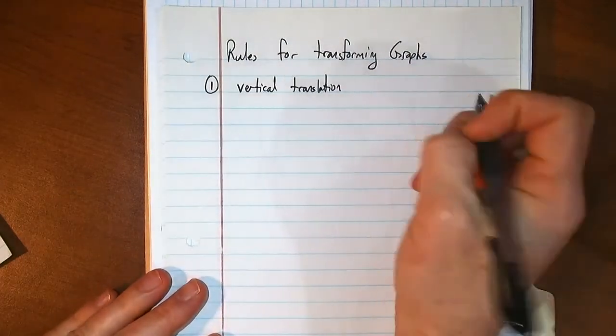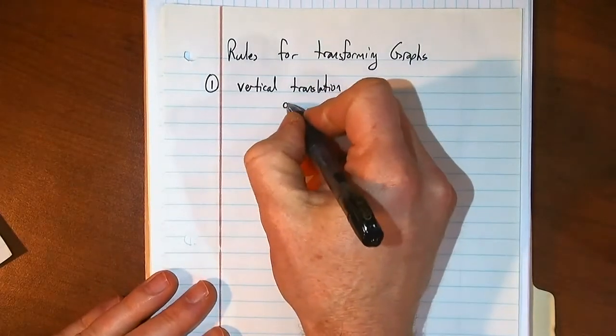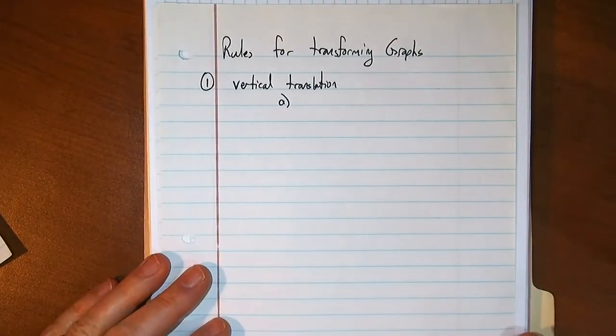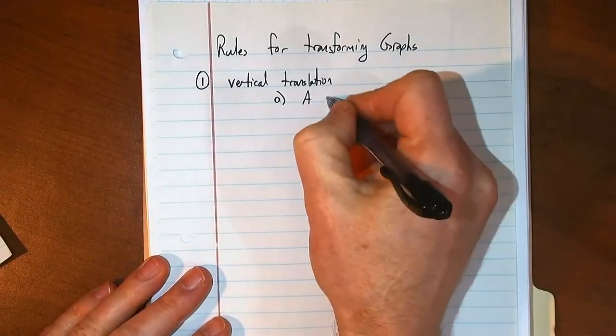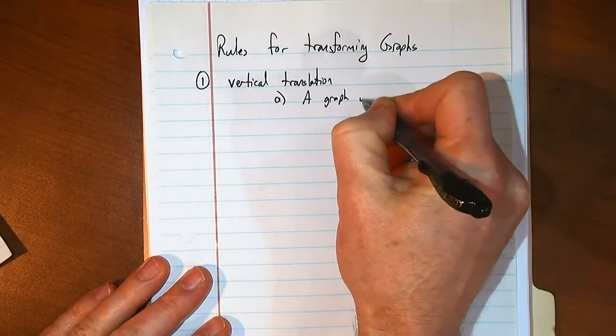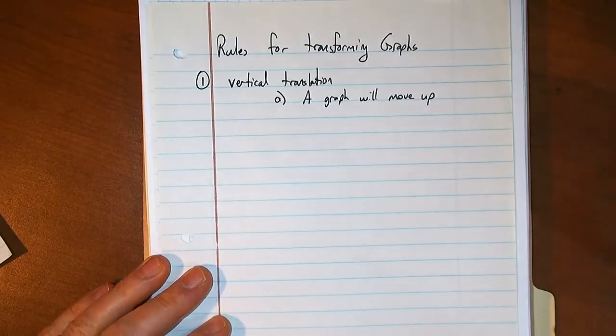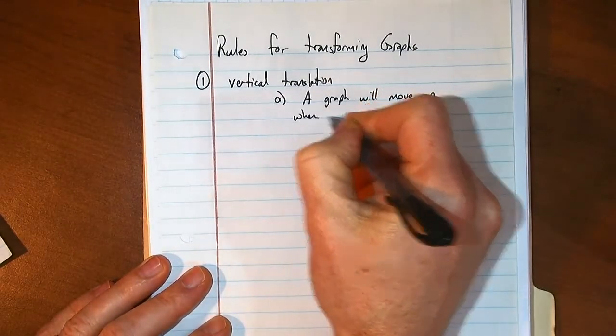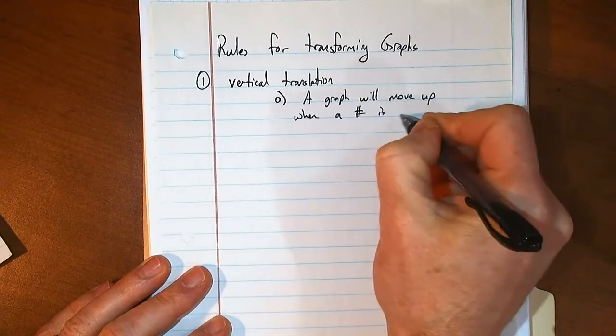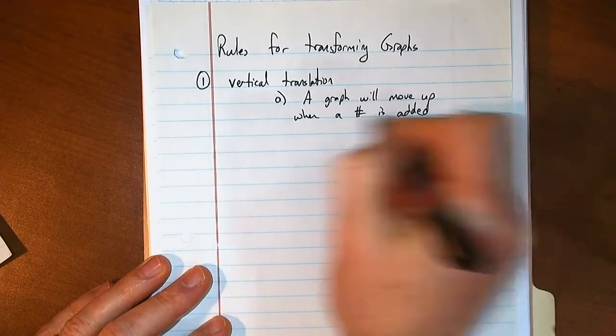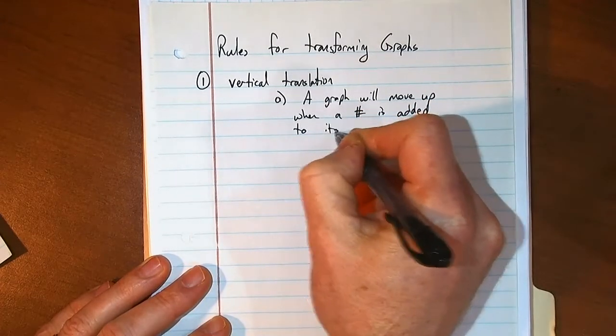So this rule has 2 parts to it. The first part says that a graph will move up when a number is added to its equation.